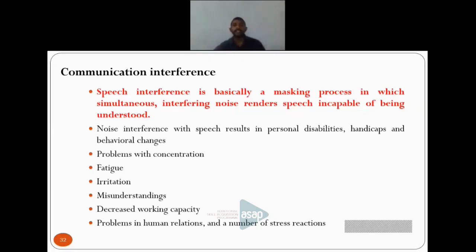Next is decreased working capacity, as the capacity of the working environment is reduced, along with problems in human relations, and stress reactions. Another main thing is stress: when we are telling something to someone but it is not getting conveyed, we get stressed.